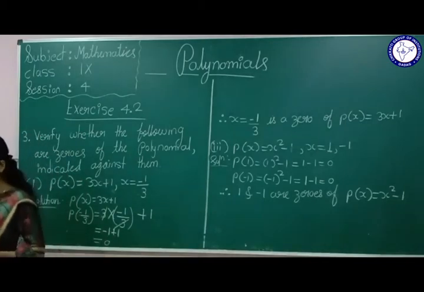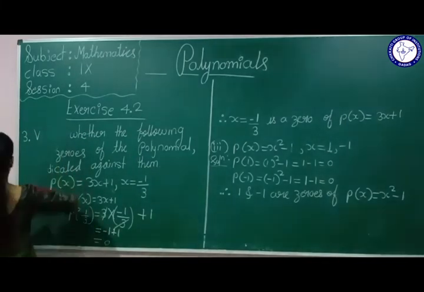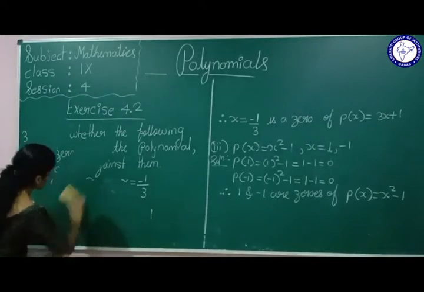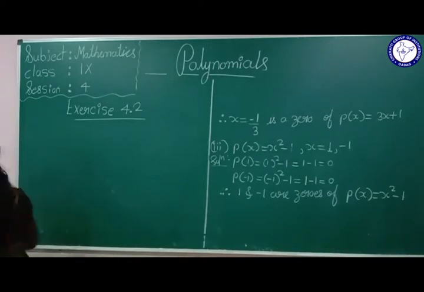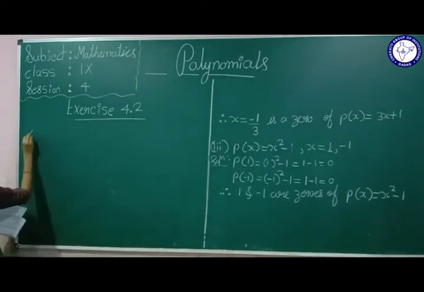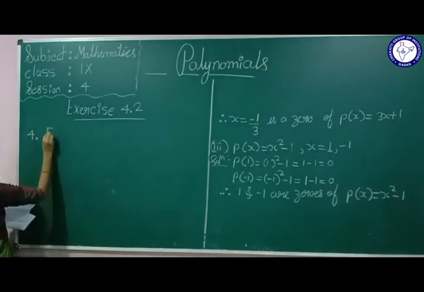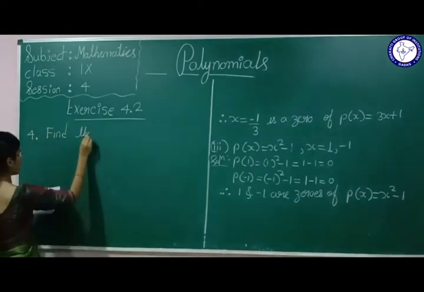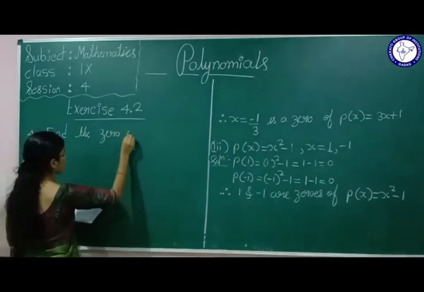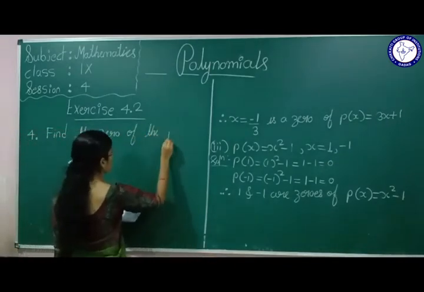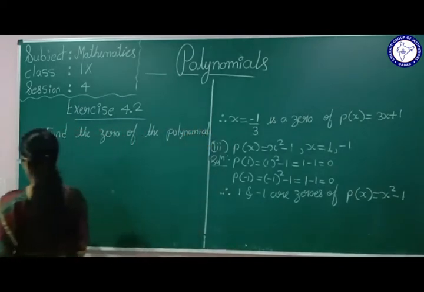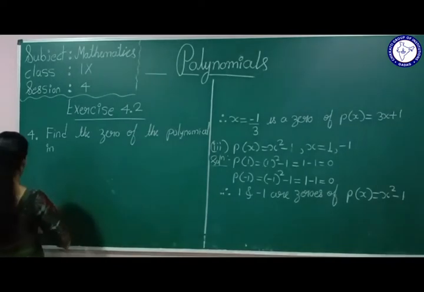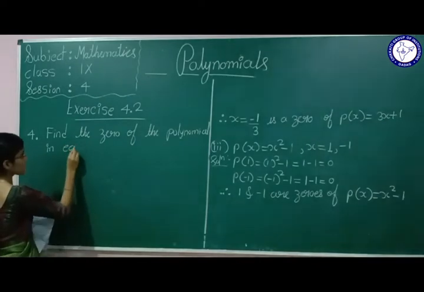Now we are going to see the fourth main. Find the zero of the polynomial in each of the following cases.